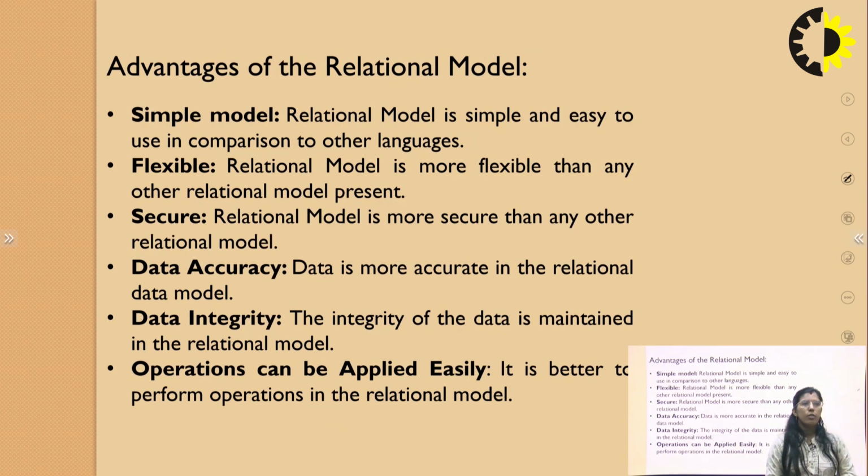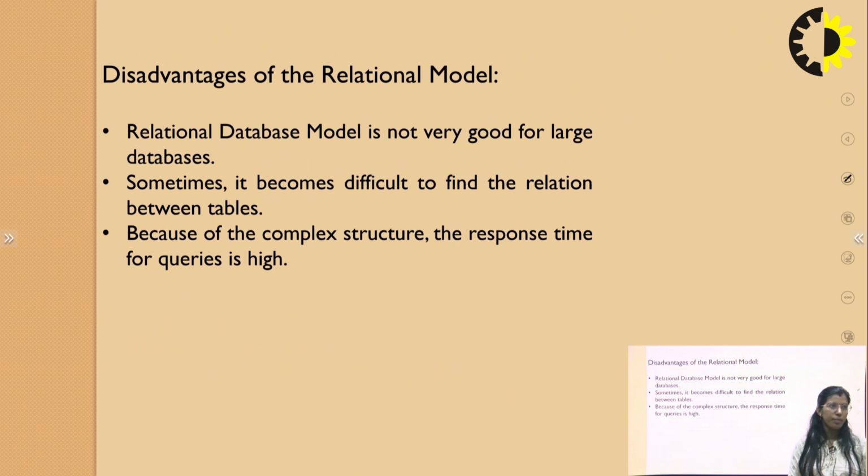Some advantages of the relational model are: it is simple and easy to use in comparison to other models. Second, it is more flexible. Third, it is more secure than other models. Fourth, accuracy is maintained here. For data integrity, there are different integrity constraints, and operations can be applied easily in this model.